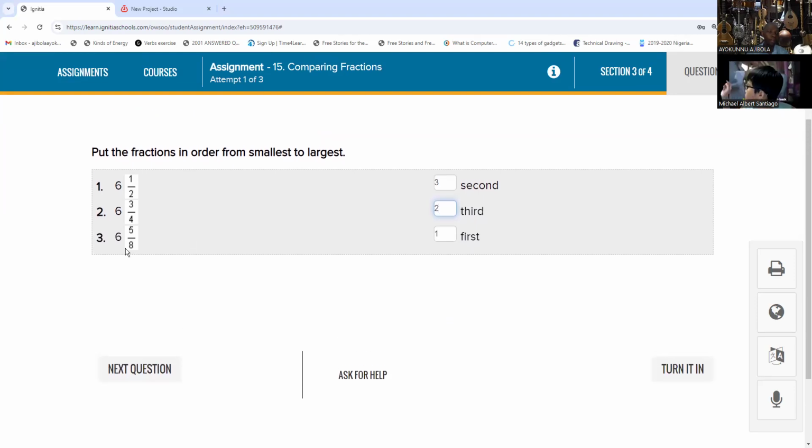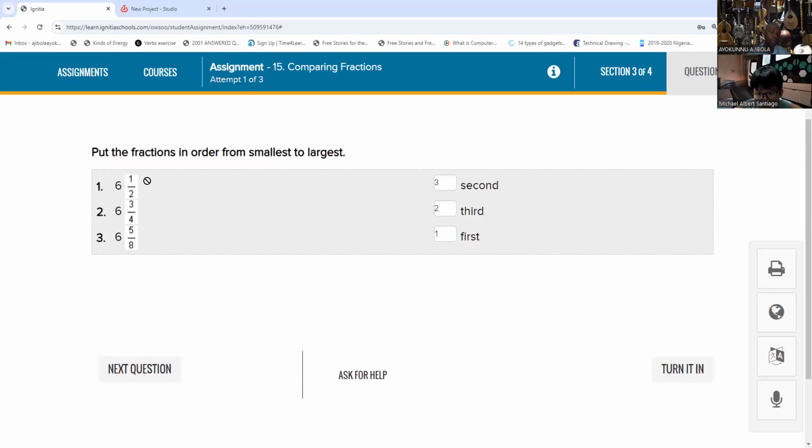So let's check it again so as to be sure. We have 8, 4, and 2. Oh, wait a minute, I don't even need 24. The least common denominator is 8, okay? So 5/8 is already there. So 4 in 8, that is 2. 2 times 3 is 6. So the one at the middle is 6. The one at the bottom is 5. And 2 in 8 is 4. 4 times 1 is 4.